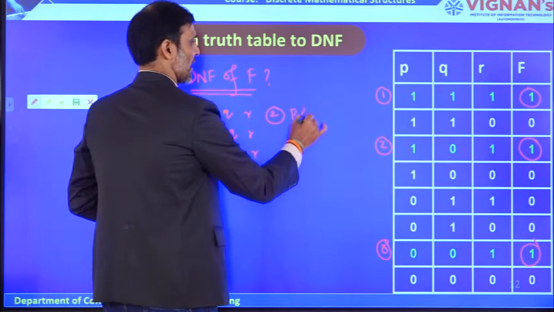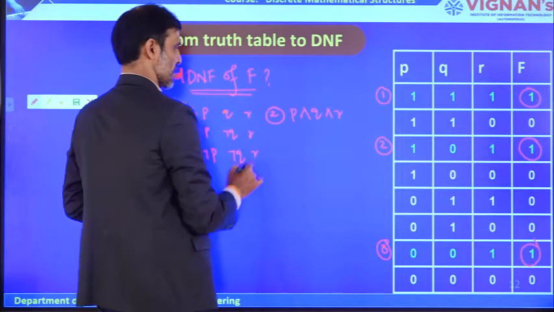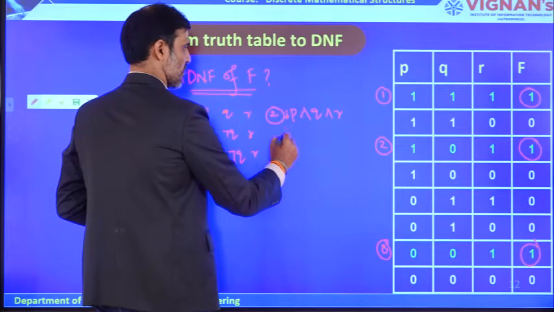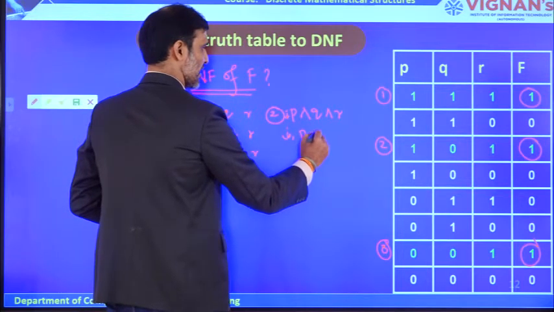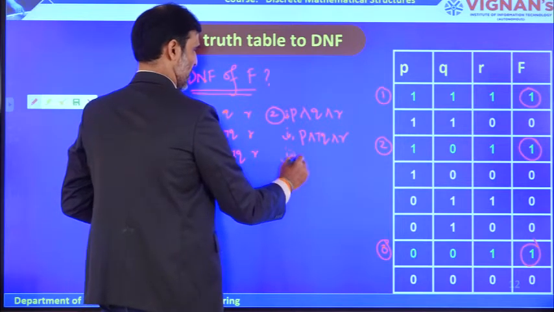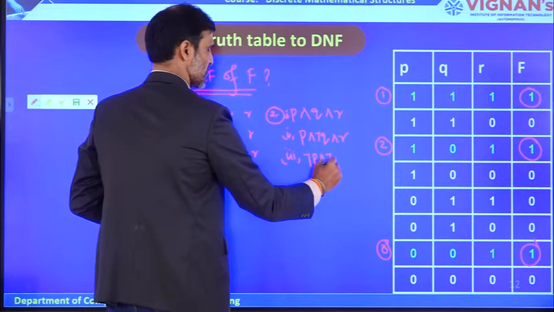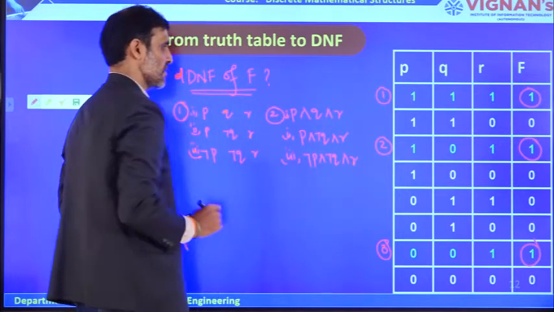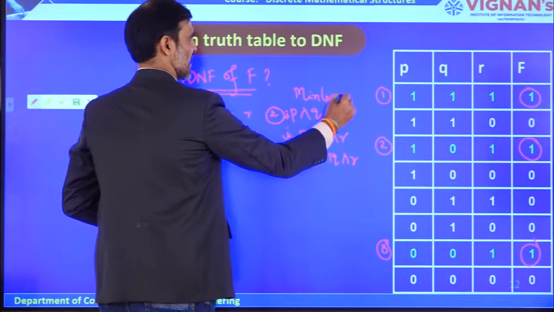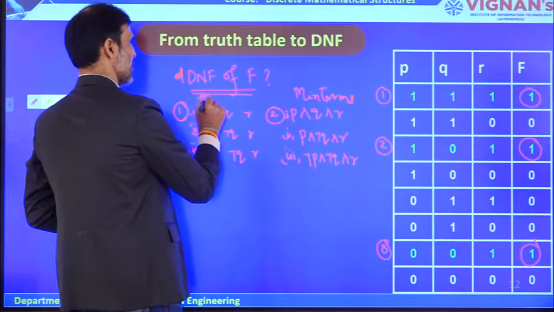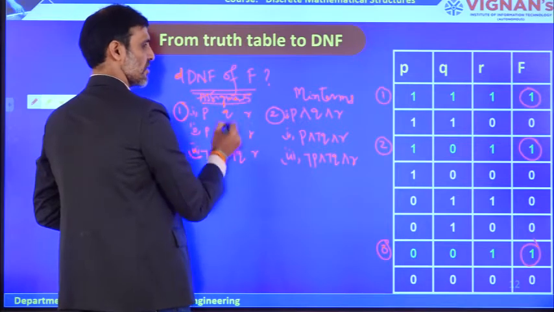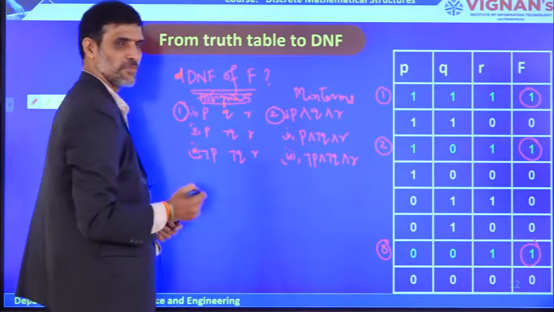For the first one, we can write P and Q and R. For the second one, the minterm is P and negation Q and R. And the third one is negation P and negation Q and R. So, in the second step, these are the minterms. We wrote the minterms for the assignments for which the function is true.